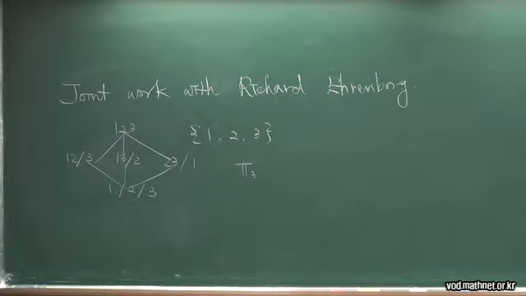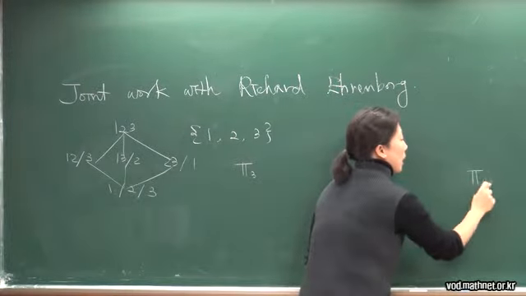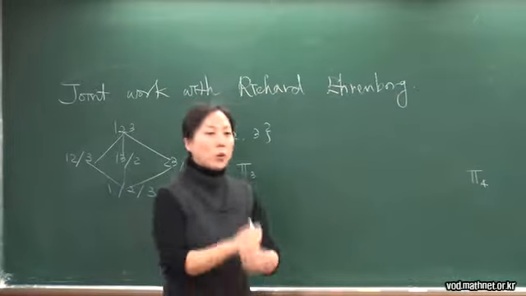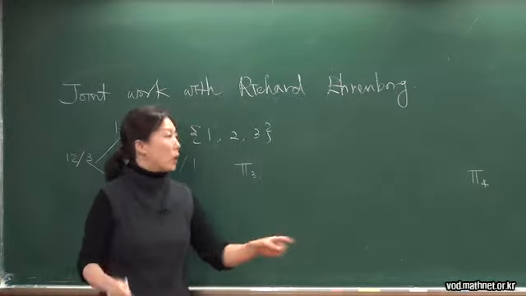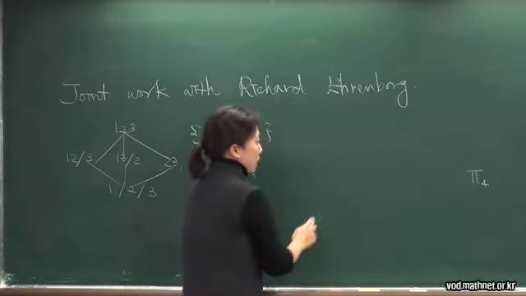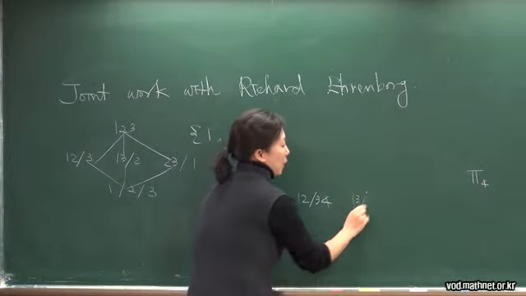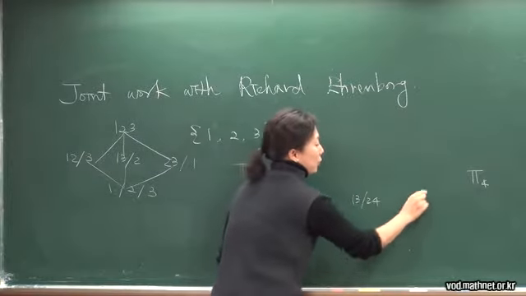Okay, and next I will give one more restriction here. If the block size is even, what happens here? Let me take pi 4. Because all the block sizes are even, this number should be an even number. So in this case you have 1, 2 | 3, 4, 1, 3 | 2, 4, 1, 4 | 2, 3.